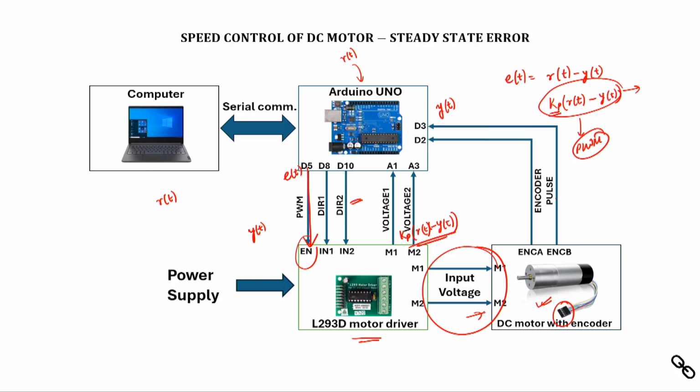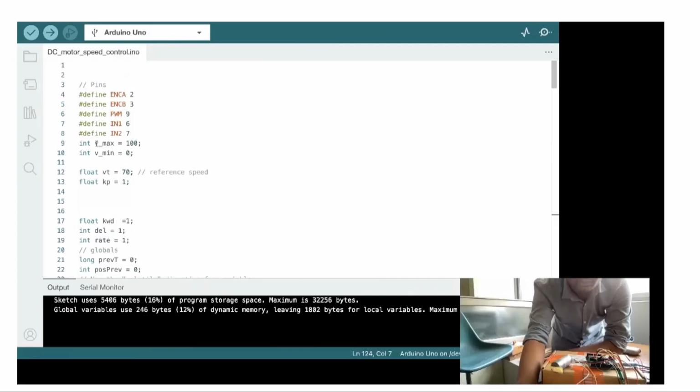So you can change the duty cycle of the PWM based on the value of Kp into r(t) minus y(t). This is the basic code. So the controller has been embedded inside this Arduino itself. Let's see what happens, okay. I am not going into the code, we will discuss the code sometime later separately, but this is the basic idea. So let's see what happens.